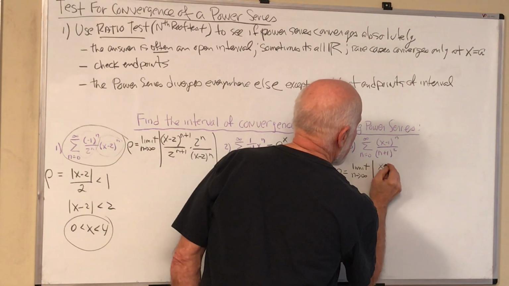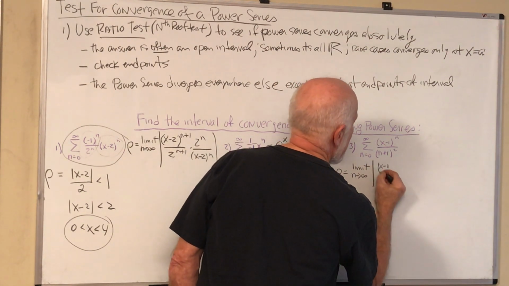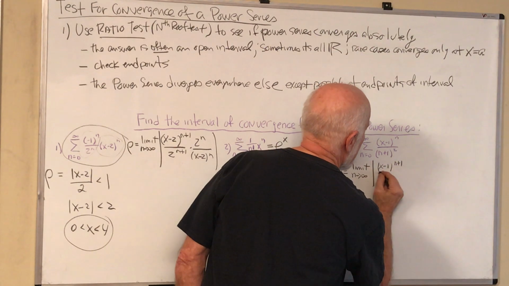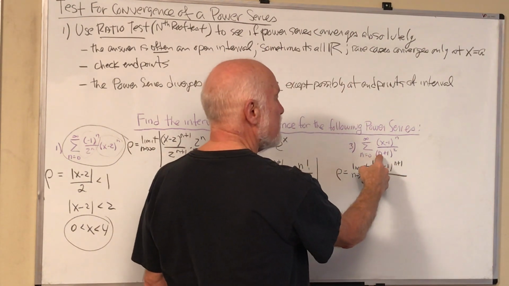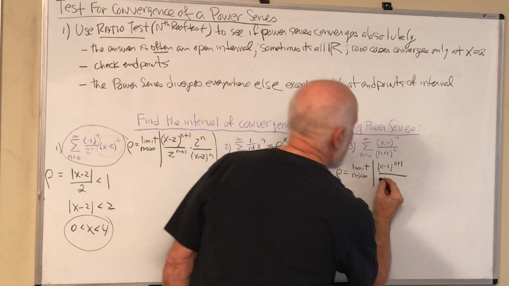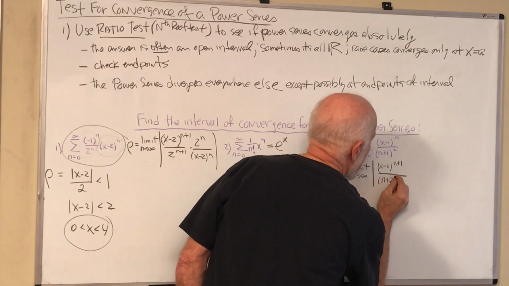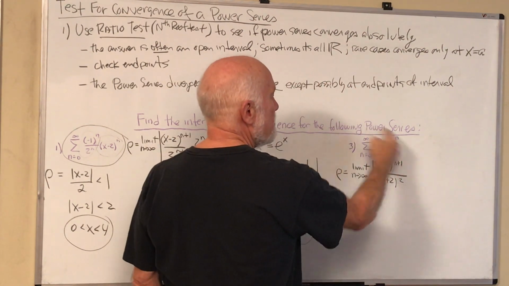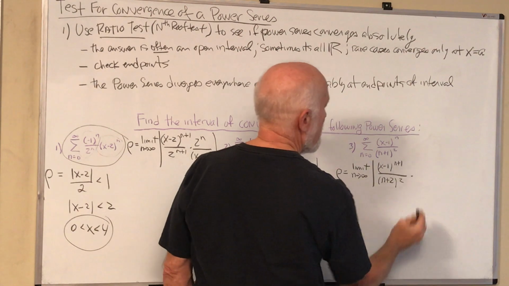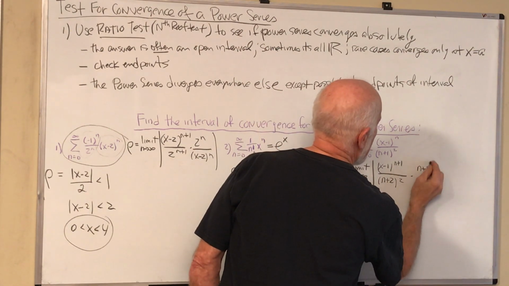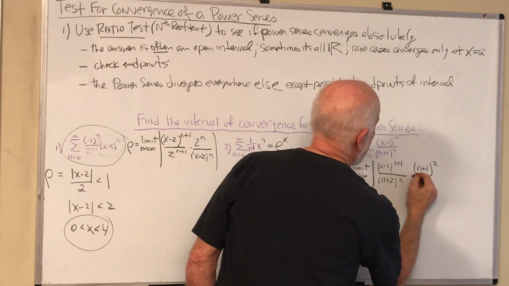You get |x minus 1| to the n plus 1 over n plus 1 plus 1 squared. So n plus 2 squared, divided by this nth term, or multiplied by the reciprocal.